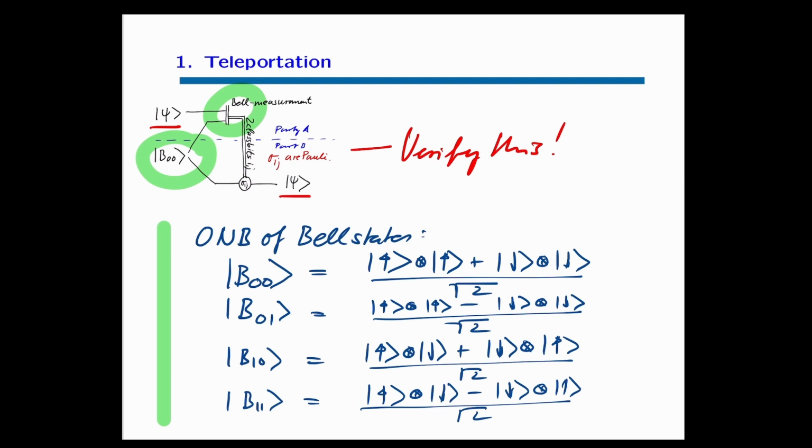And so how do they differ? And how are they the same? So you find two of the four Bell states have a positive relative phase, namely this one and that one, and two have a negative relative phase. So one label here is for the relative phase, and that's the second label. So that label is 1 when the phase is -1, and it is 0 when the phase is 1.